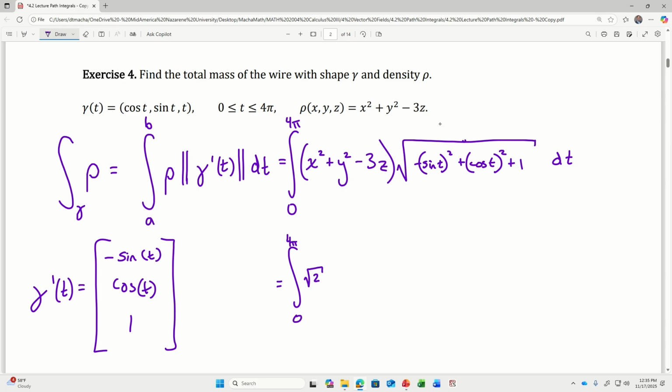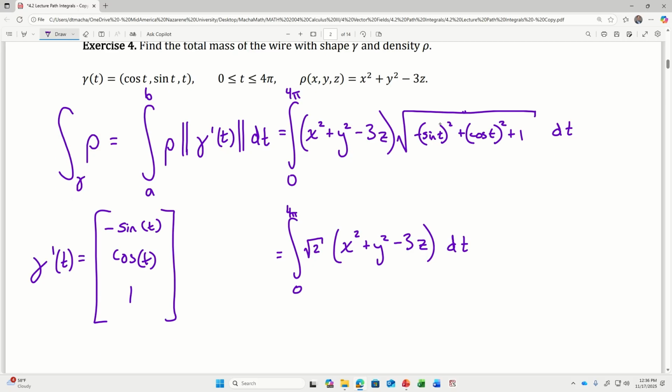And the next thing we're probably wondering about is, what do I do with x squared and y squared and z if I'm taking the antiderivative with respect to t? Well, x and y and z are functions of t. We just have to tell my integral what those functions are. Like x is negative sine of t, and y is cosine of t.